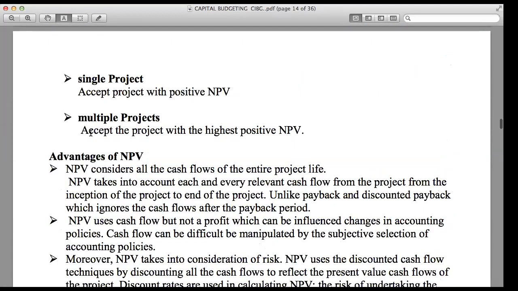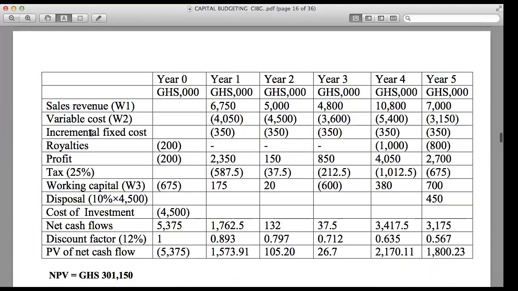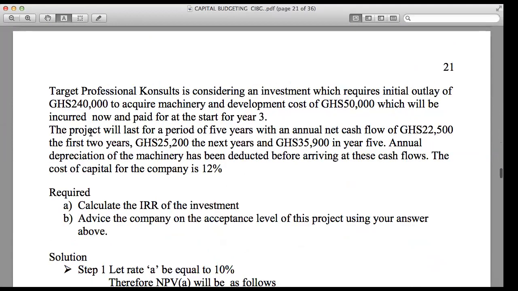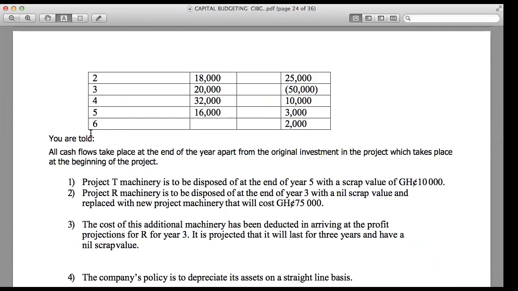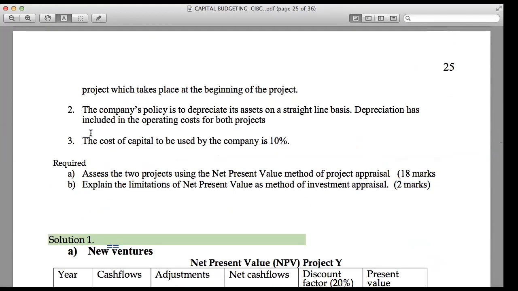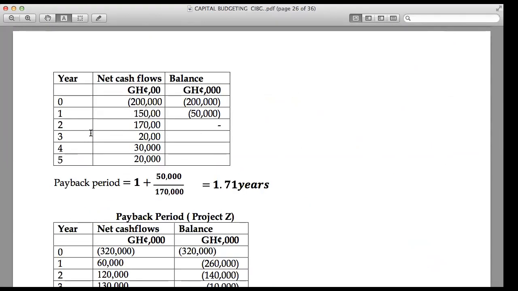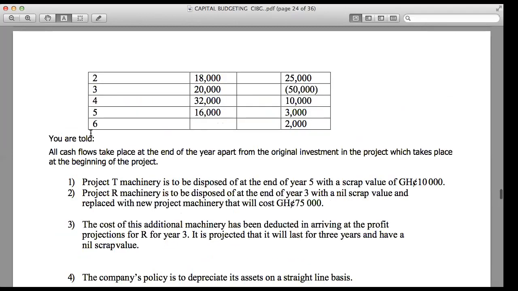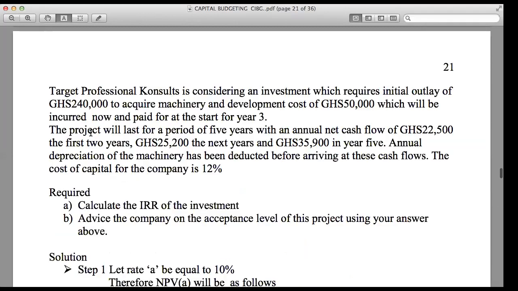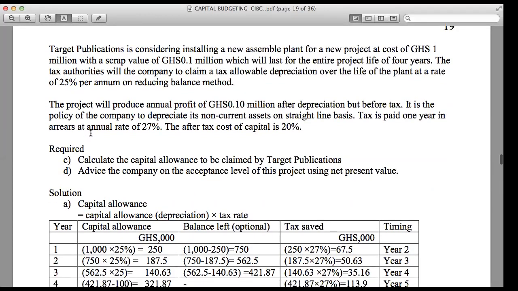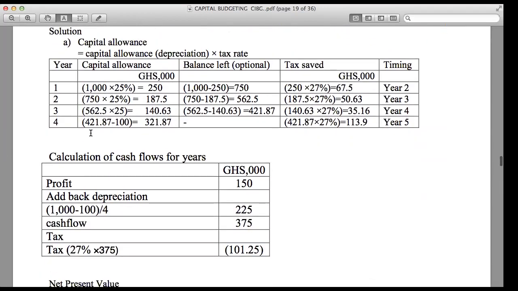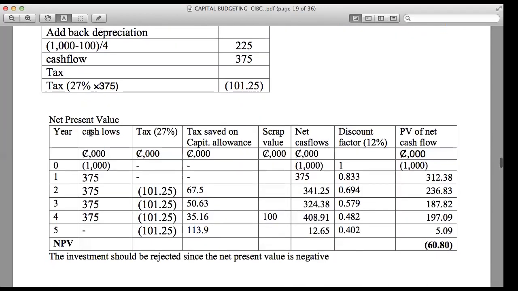Please, I'll do internal rate of return tomorrow because of the small mock that we did. Because of the mock, it took some time away. So that is it. I think the internal rate of return is here. Good.